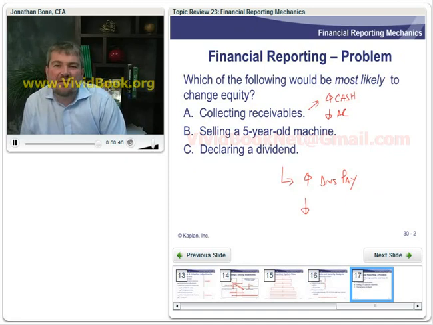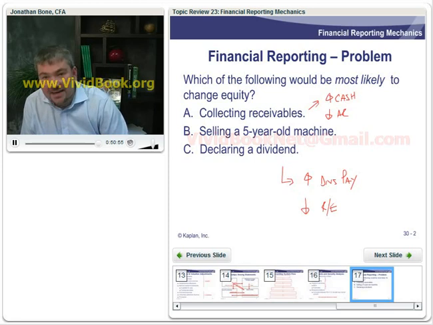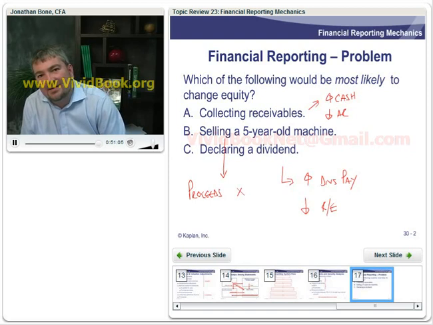Selling a 5-year-old machine. Possibly it could change equity, because remember, what the accountants do at the time of disposal is look at the proceeds they receive from the disposal of some plant, property and equipment. They then compare it to the balance sheet carrying value of that asset at the time of disposal, and any difference gives you the accounting gain or loss that goes through the income statement.